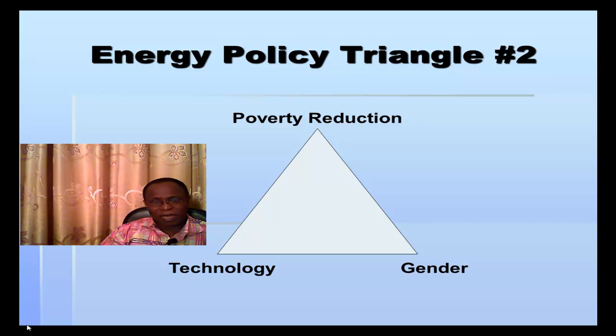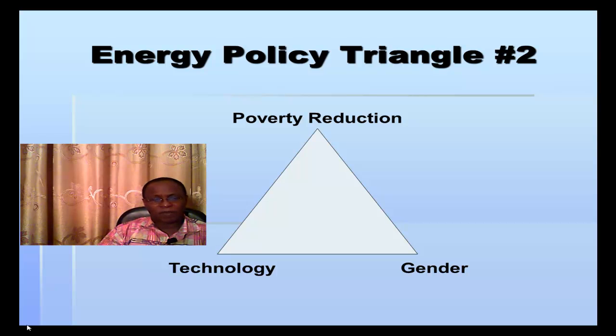So energy generally has a strong gender dimension. Many women have to spend a lot of time either collecting firewood or pounding, things that could be done if energy services were available for grinding and activities like that.